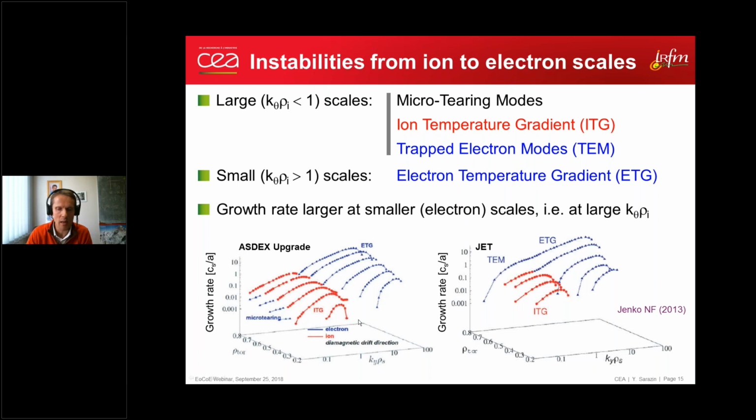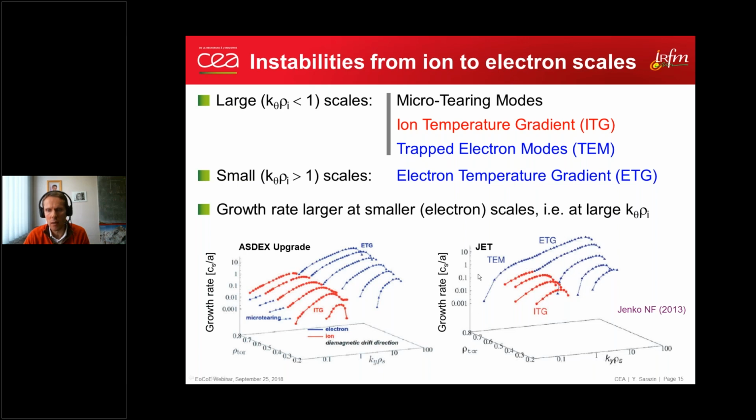As I said, microtearing and ITG develop at fairly large scales, larger with respect to the ion Larmor radius, while electron scale modes develop at scales of ky rho_s, where ky is the poloidal wave vector and rho_s is basically the ion Larmor radius. So ETG develops at scales smaller than the ion Larmor radius, down to the electron Larmor radius.